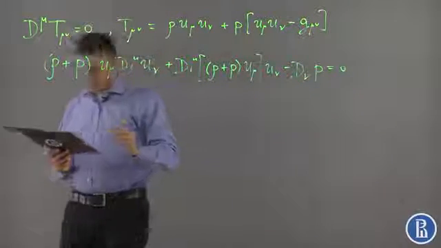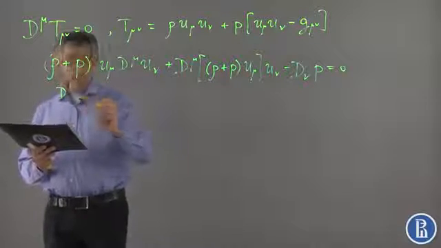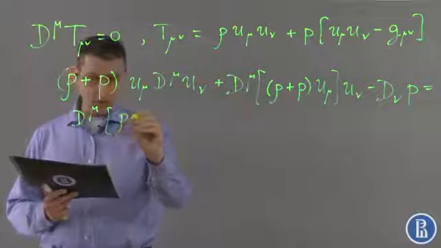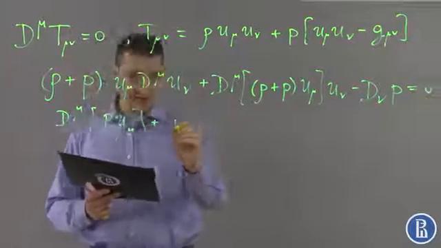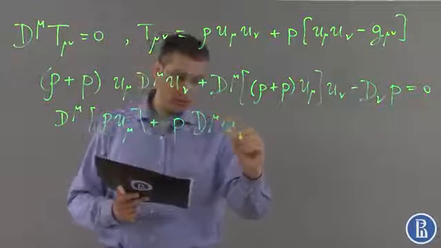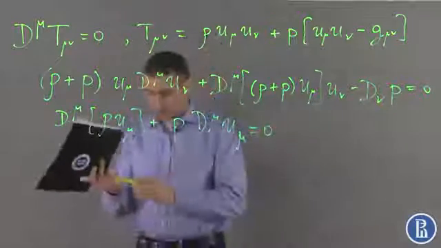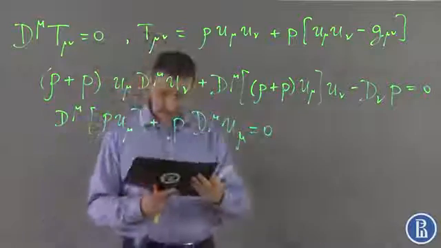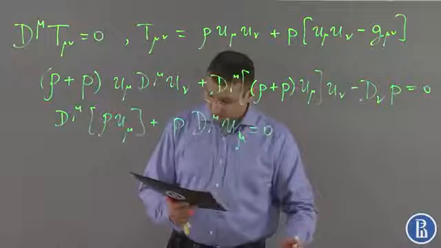And the equation ∂_μ(ρ u^μ) plus p ∂_μ u^μ is equal to 0. This last equation is the covariant relativistic extension of the continuity equation.